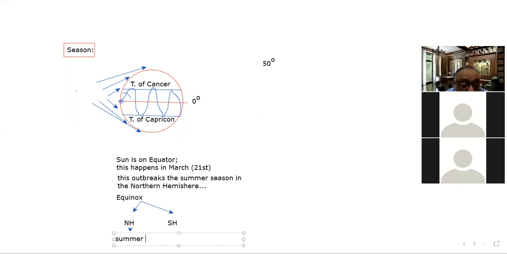summer solstice, because in the northern hemisphere the summer has started, or recommencing, we can say. And in the southern hemisphere, this will be called the winter solstice, because there would be a breakout of the winter season in the southern hemisphere, Australia, etc. That is why this is known as the winter solstice.